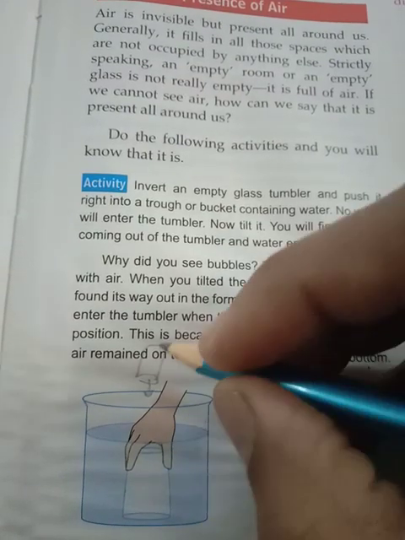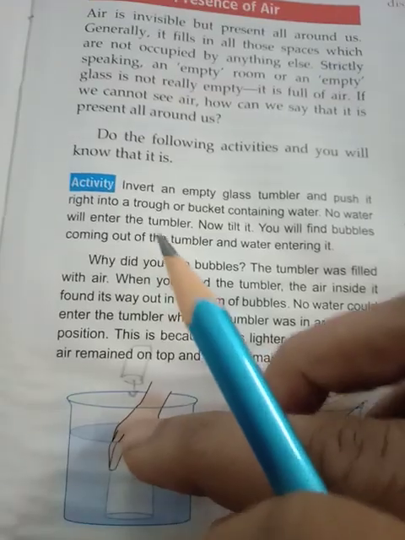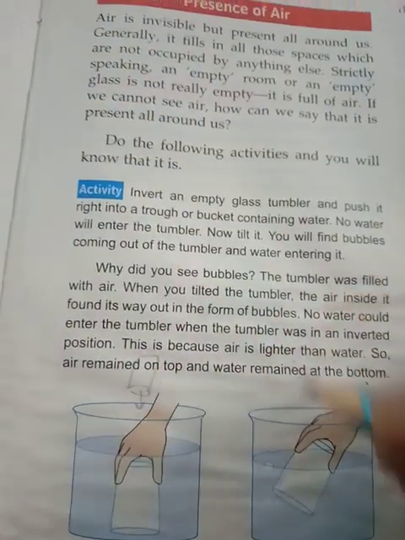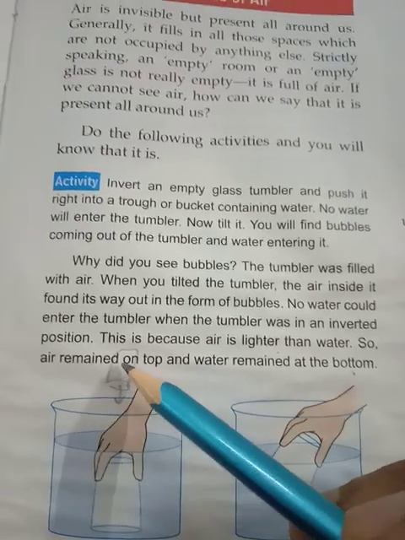Now what will happen if we tilt the same glass?